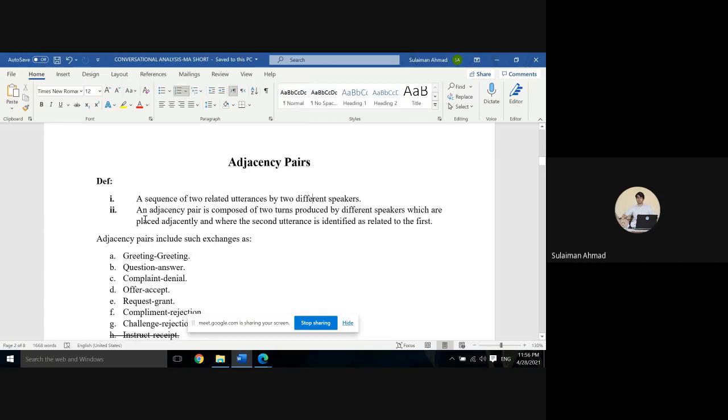An adjacency pair, you may say, is a sequence of two related utterances by two different speakers, right? Like if speaker A says Assalamu alaikum or hello, speaker B replies hi, right? Speaker A says how do you do, speaker B also says how do you do, right? Greetings, simply Assalamu alaikum, wa alaikum assalam. Question and answer. Let's suppose if I say is it easy and you say yes, question and answer, right?